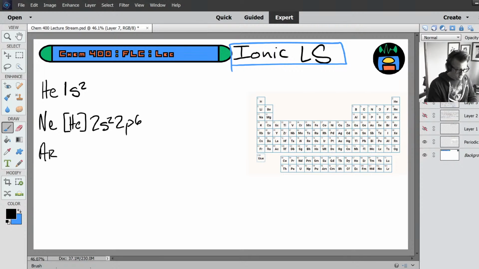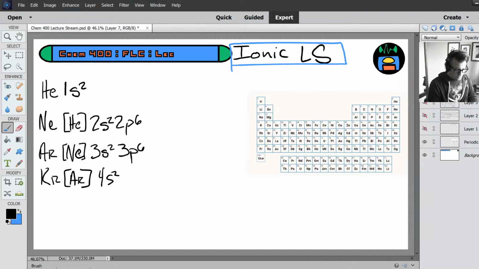Argon's is neon core, 3s2, 3p6. Krypton has an argon core, 4s2, 3d10, 4p6.